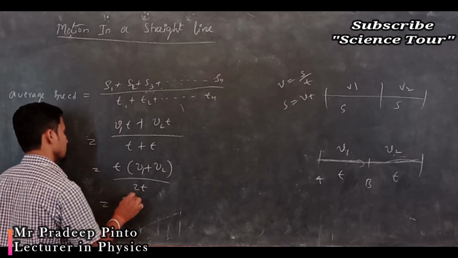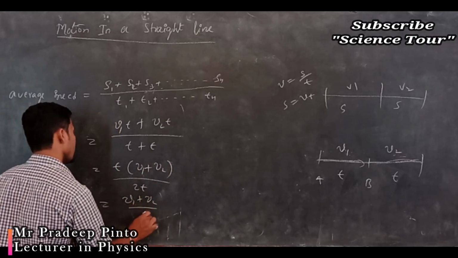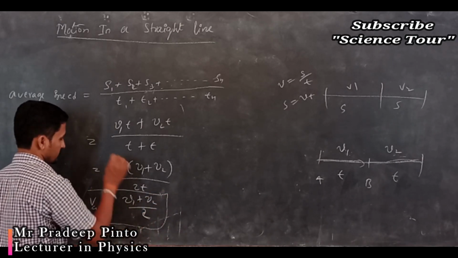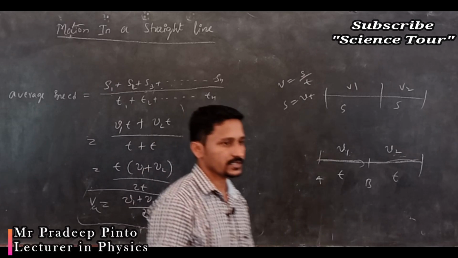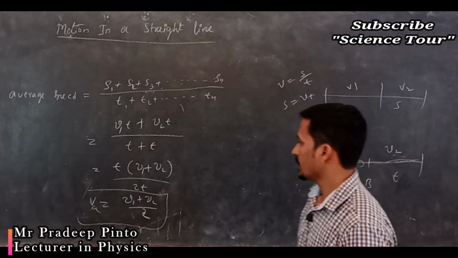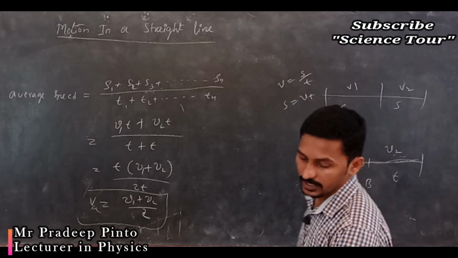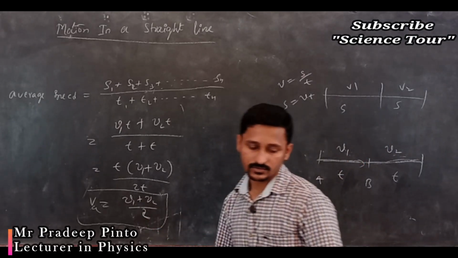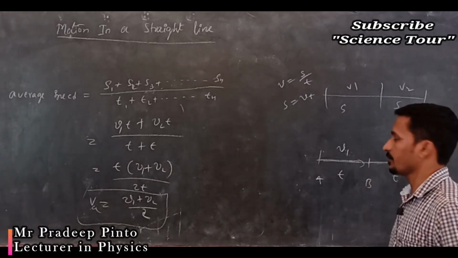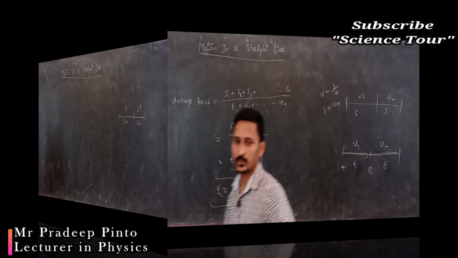T cancels, which is equal to (V1 plus V2) divided by 2. This is the average speed, and this is the formula for it. So you have to remember this average speed formula, okay.